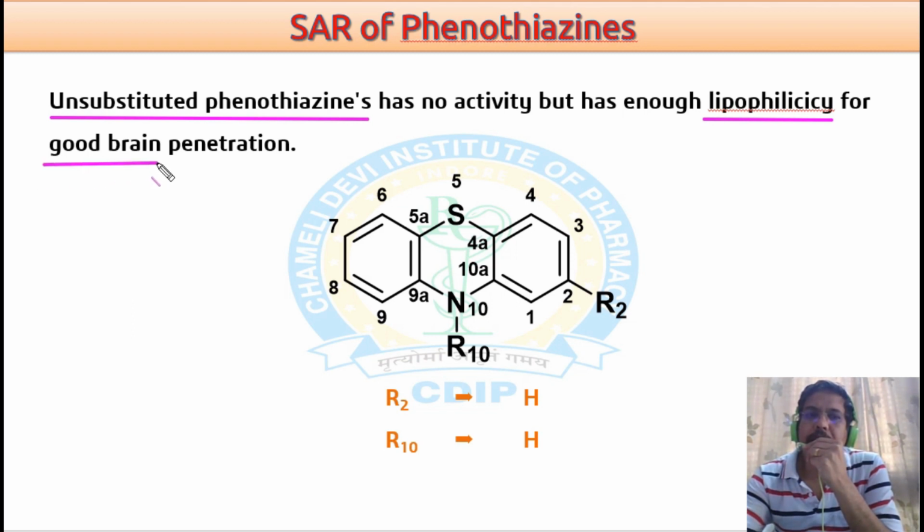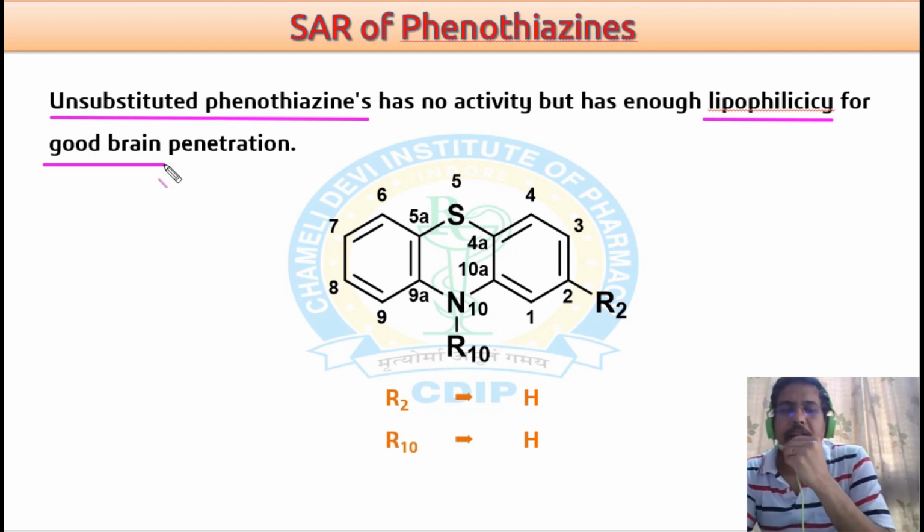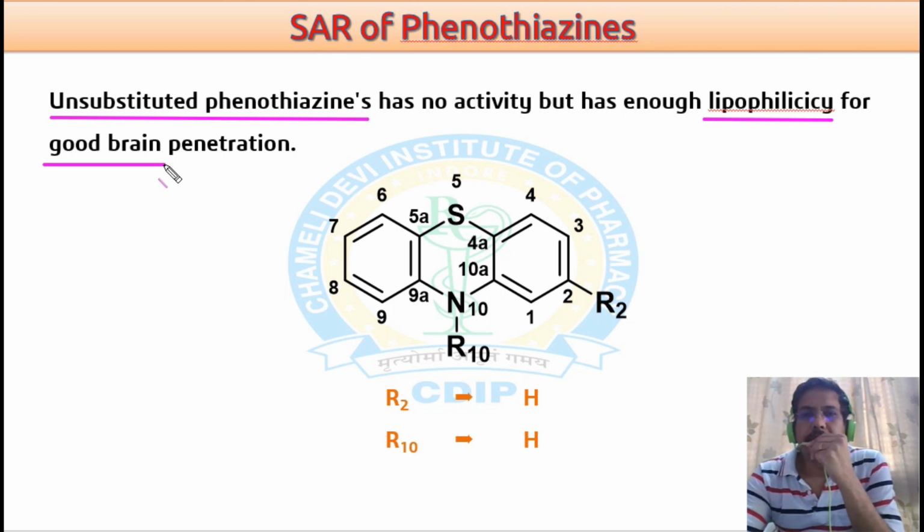Means unsubstituted phenothiazine also penetrates the blood-brain barrier and reaches the brain. And the key area in this system, if it is only phenothiazine, then R10 is H, and again R2 is H.